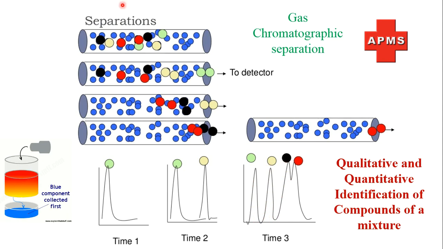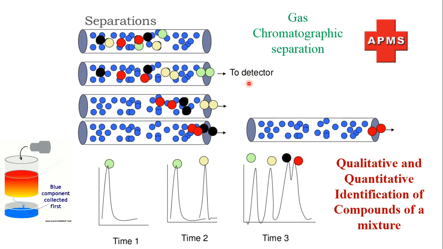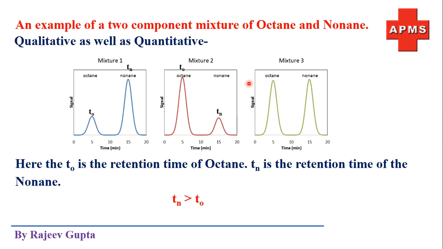So both types of analysis could be done in this gas liquid chromatography separation, where we use a detection technique. So it is an analytical instrument, where we detect the concentration and nature of compounds.